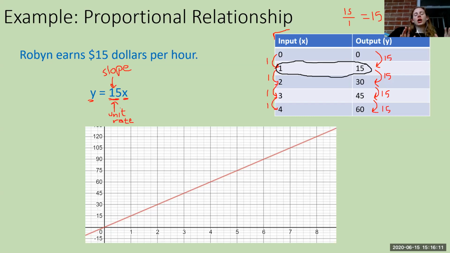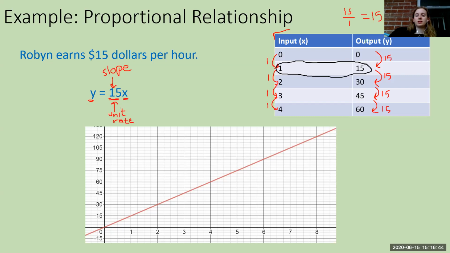Now let's say you were just given this table and you were asked what kind of a function or what kind of a relationship this is. Let's go through all of the kinds of relationships we've learned about so far. Based on what we know so far, we could say that this is a function because for each input, there is only one output.